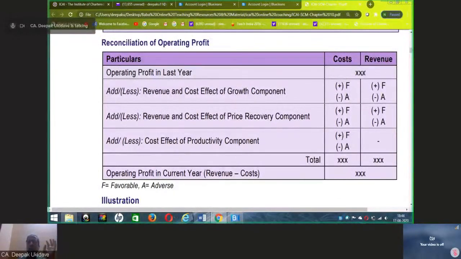As you can see, I'll annotate this so that you will be able to highlight the growth component. Next one is the price recovery component. Growth component, price recovery component, and the third one is the productivity component. These are the keywords which we use.